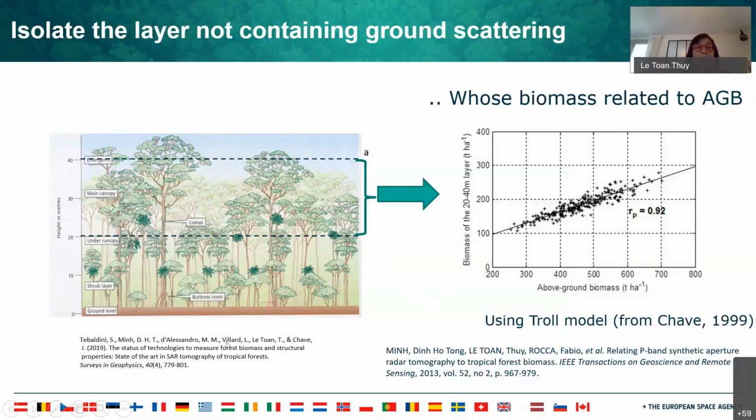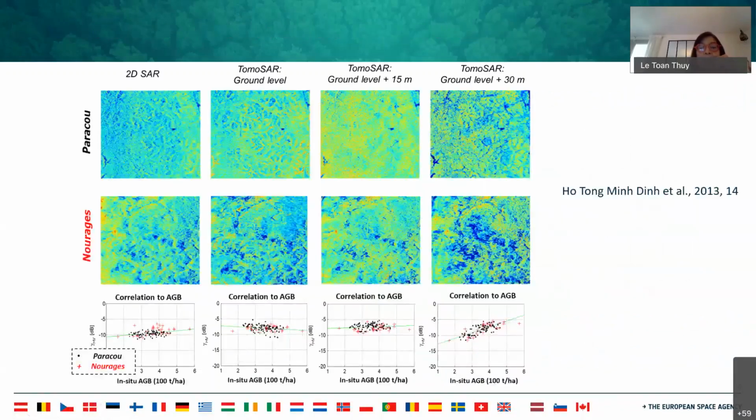And here we explain this in the paper by Stefano last year. And here, Clément showed what happened in Paracou at the ground level. What we see is the SAR image, at ground level, and ground level plus 15 meters, and 30 meters.